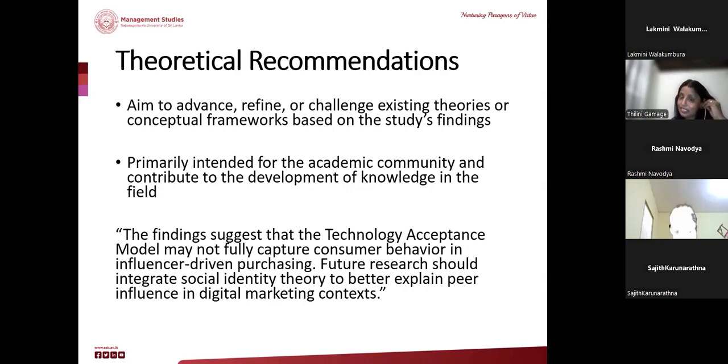So in that case, to clearly state the theoretical recommendations of your study, it's always better when you conduct your literature review. You should understand what theoretical framework you use to base your study, plus, are there any gaps in the existing work?